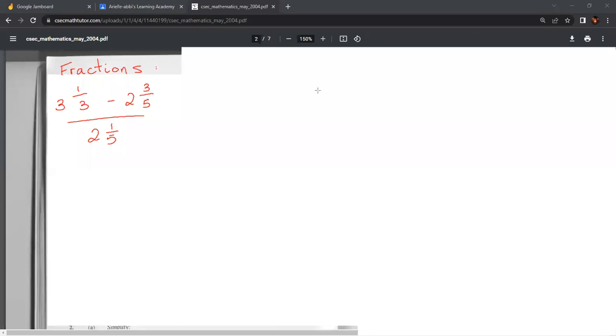All right, so we know how to add, subtract, and multiply fractions. Now, something we need to know is that you see this line in fractions, it actually also means to divide, right? So we have to understand that.